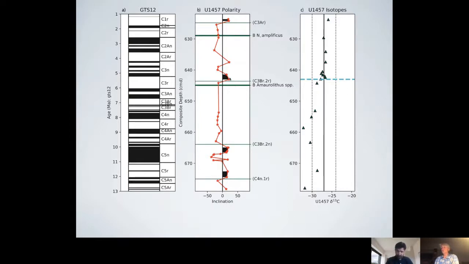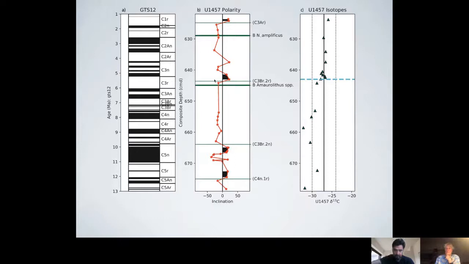So I'm interpreting this reversal as C3Br.2r. And then there's another fossil called Nicklithus amplificus, which was found here. And so these all constrain the magnetostratigraphy. You can see that the transition occurs right there. Here are the isotopes. These are C4 isotopes, these are C3 isotopes, and so the transition must have occurred sometime in this interval. And so that's the same time as in Pakistan.